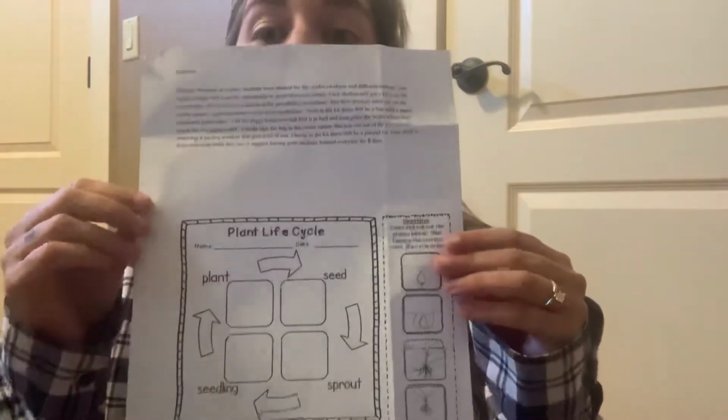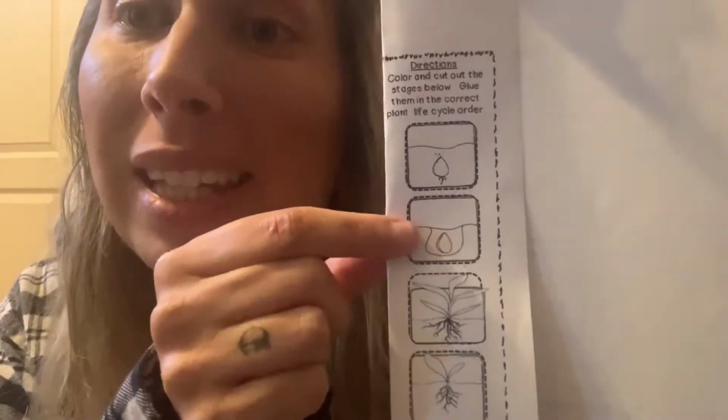But first, I'd like to talk to you about the cycle of a plant and what the life cycle of the plant looks like. So, in your packet, you're going to get a paper that looks like this. And right now, I want to focus on just this little piece over here. So, the first thing in the plant life cycle is a seed.